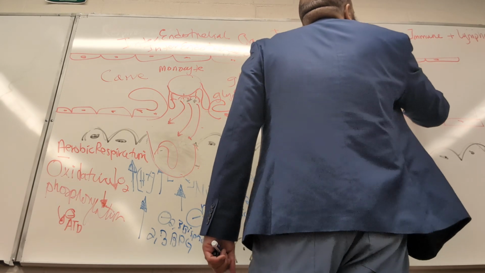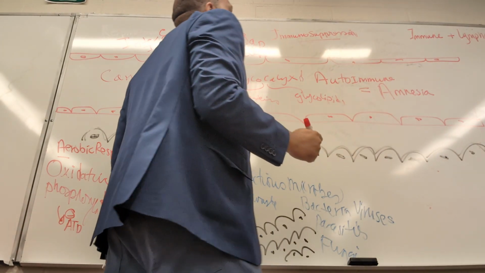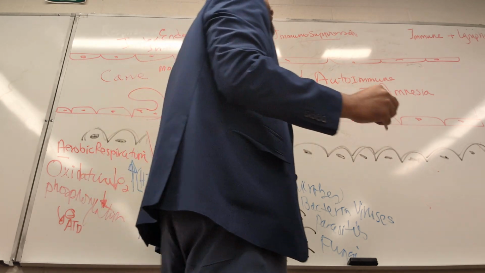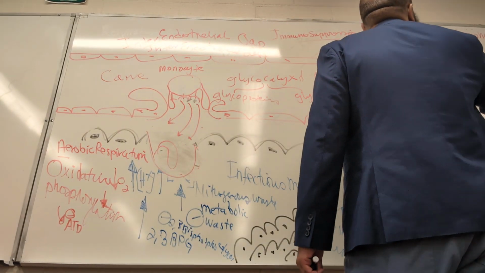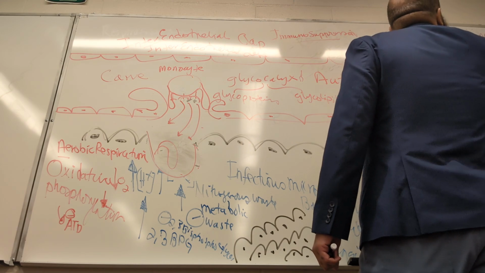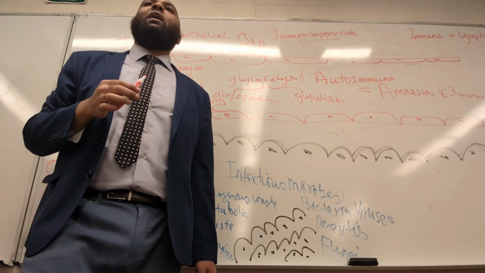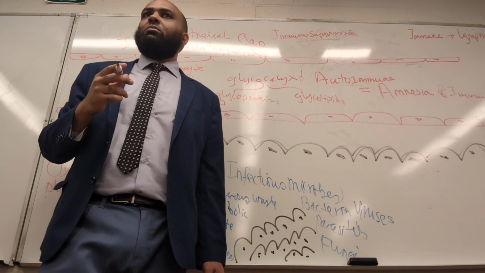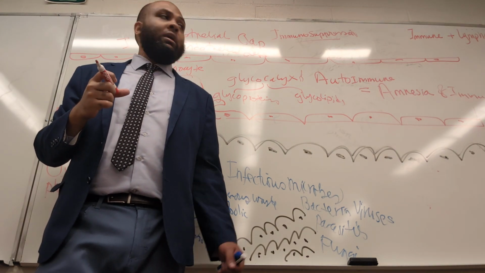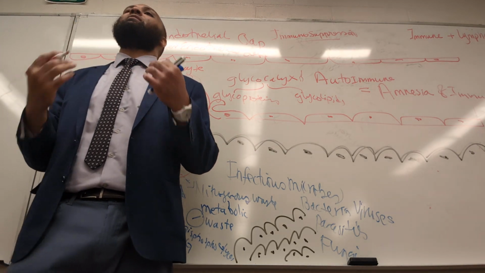A for A. Autoimmune system is amnesia of the immune system. The immune system is now unable to remember who's self from non-self.